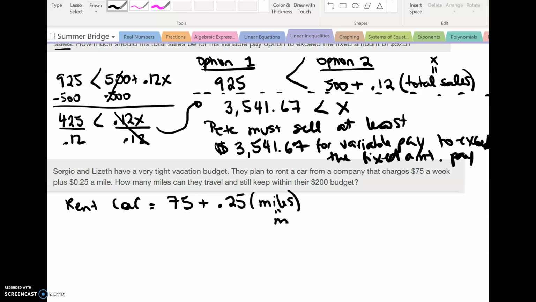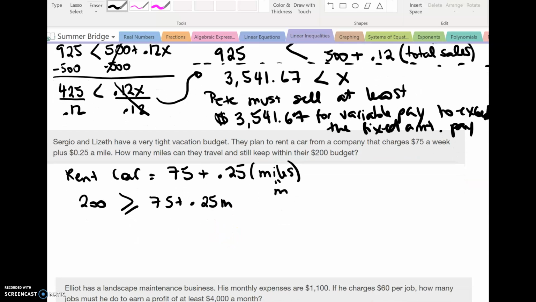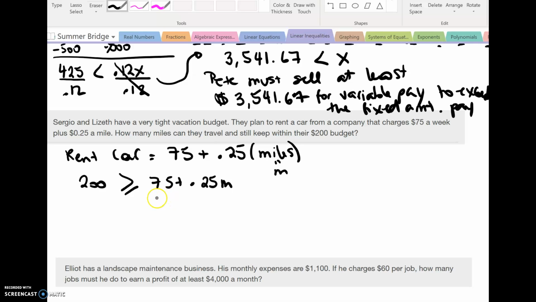How many miles can they travel and still keep within their budget? So they want to spend $200 or less. Okay, so now I have another inequality. Equation would just be equals, which I do not have. And again, just like the problem above, we're going to subtract that 75 from both sides. So I have 125.